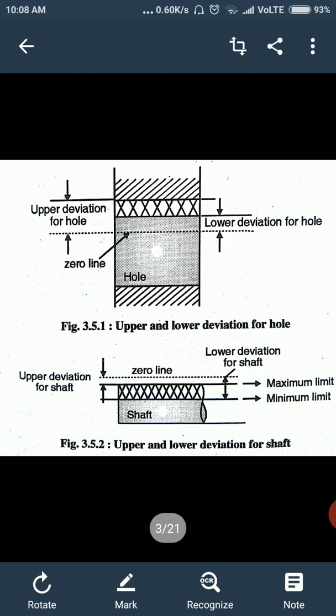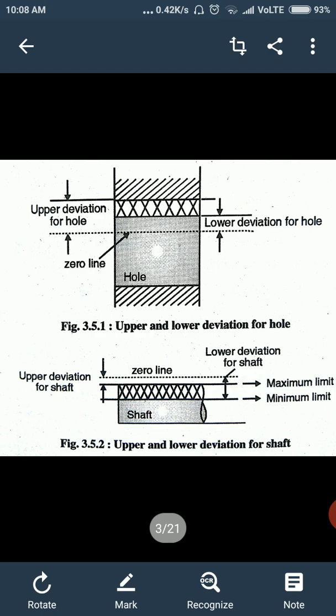And lower deviation is the minimum limit and basic size. For a hole, lower deviation is the minimum limit of the hole minus basic size.